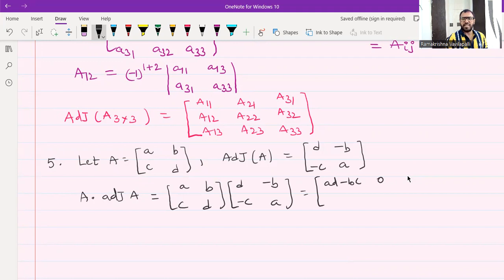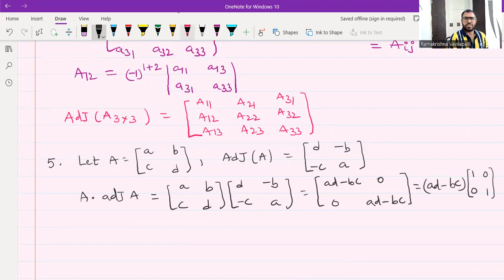CD minus CD, 0. Again, you will get here AD minus BC. So this is further, I can take that AD minus BC common into, this is 1, 0, 0, 1, which means it's an identity matrix, isn't it? Right?